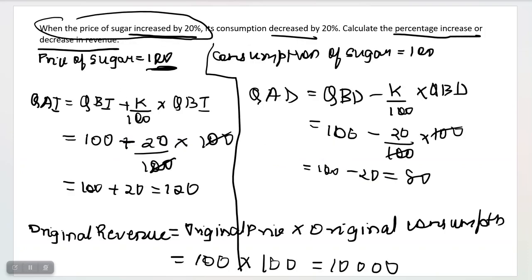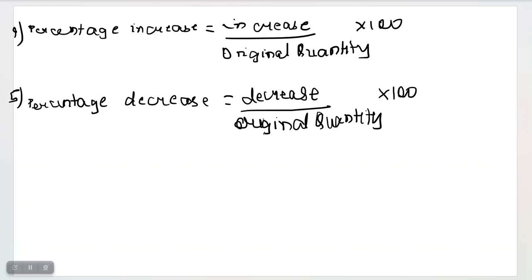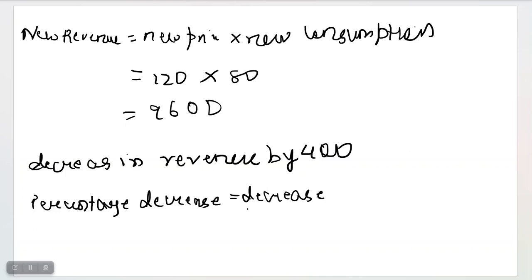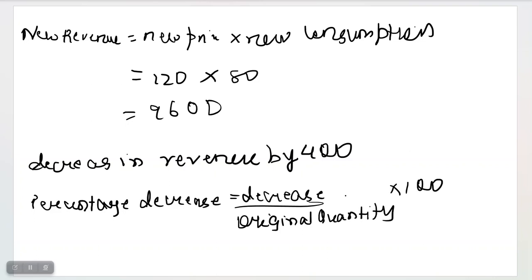Now we are asked percentage decrease. So we use this formula, percentage decrease, which is decrease upon original quantity into 100. Now in this case, we are asked percentage decrease in revenue.